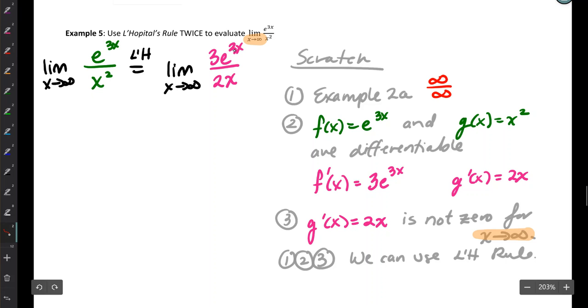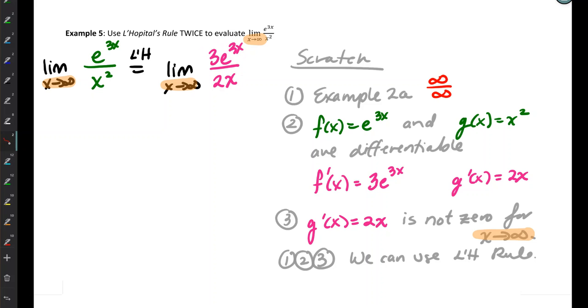So notice now, as x gets big and positive, we still have this indeterminate form. E to the huge is huge, times 3 is huge, and 2 times huge is huge.